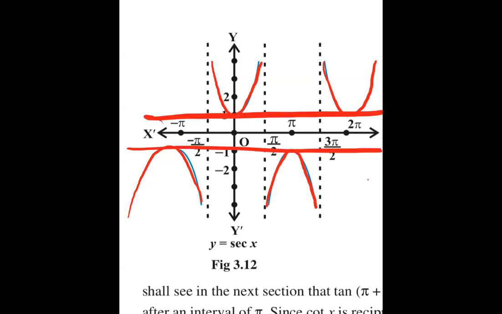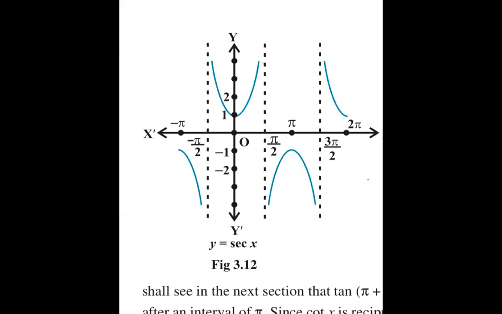Nothing is there between 1 and minus 1, right? So that means sec x is always either greater than or equal to 1, or less than or equal to minus 1. There is no value of sec x that belongs between minus 1 and plus 1. Either it will be above plus 1 or below minus 1.